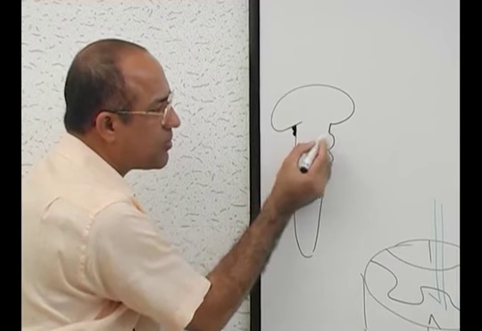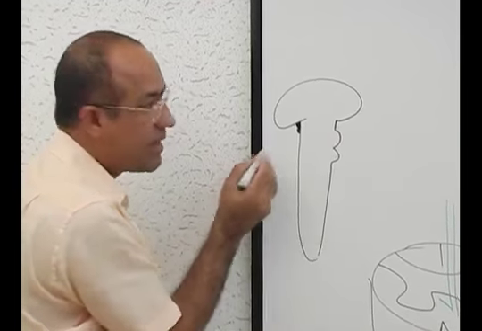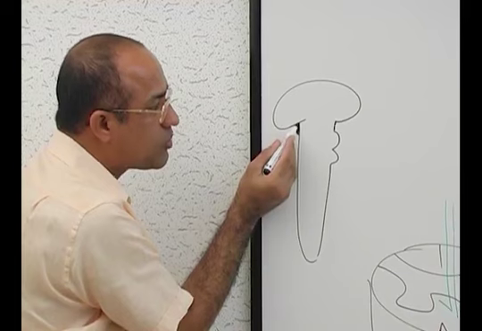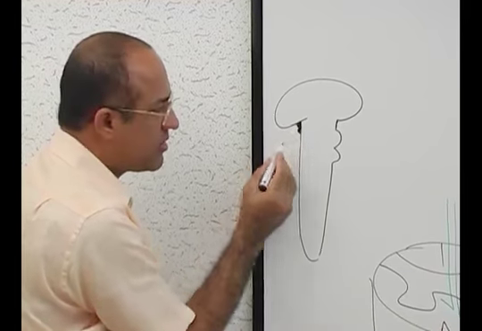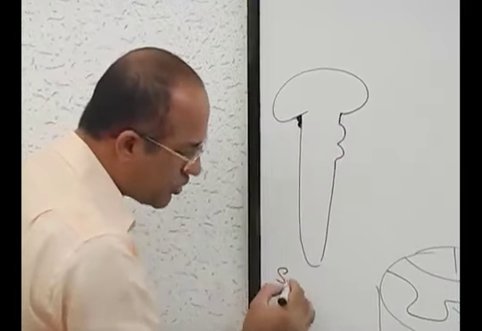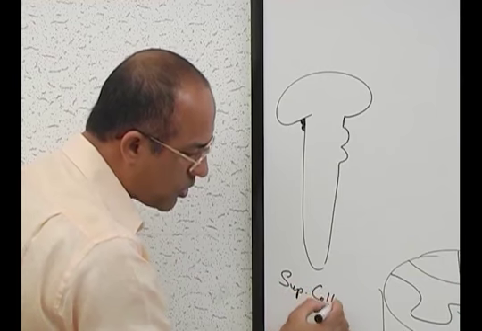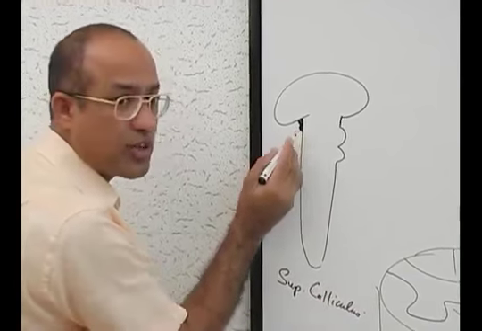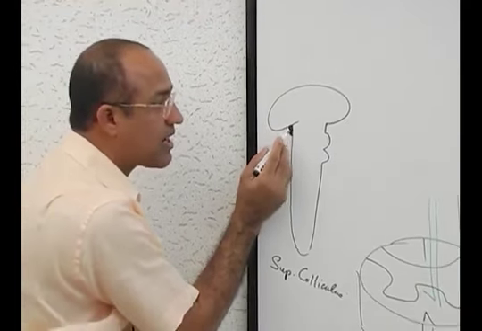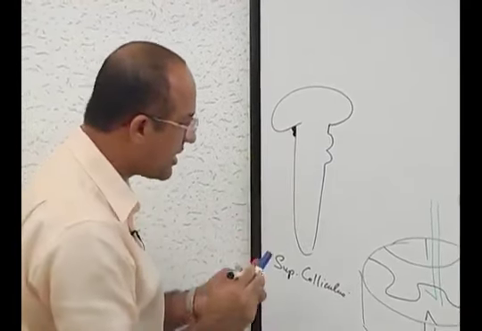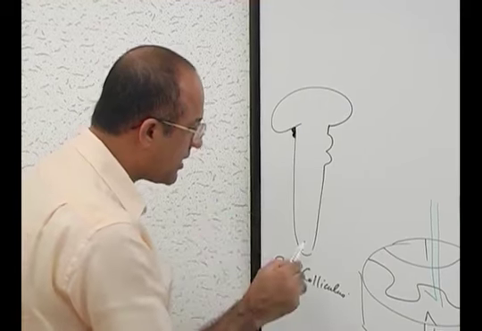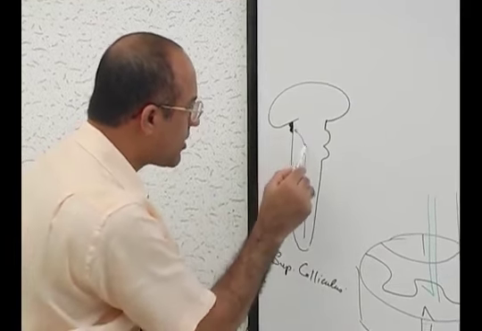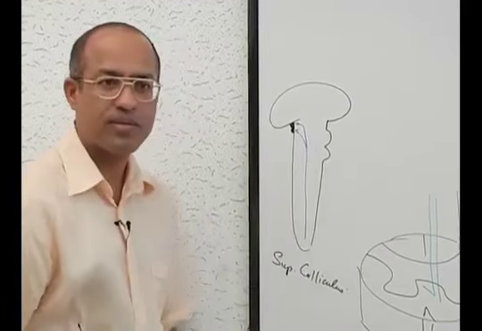This is the front of the midbrain, this is the back of the midbrain. The upper swelling is called superior colliculus, and the lower swelling is called inferior colliculus. Both of them together are called tectum. So basically, the spinotectal pathway is going to the tectum.